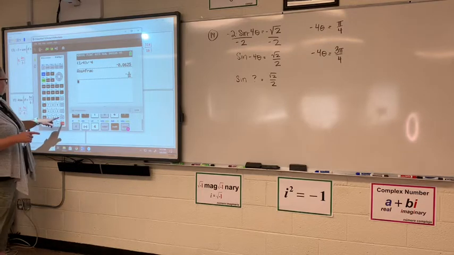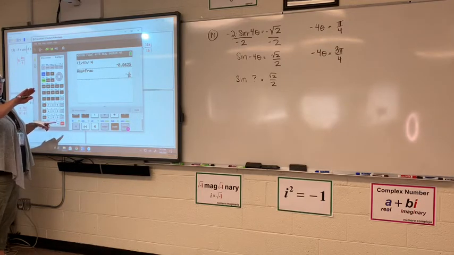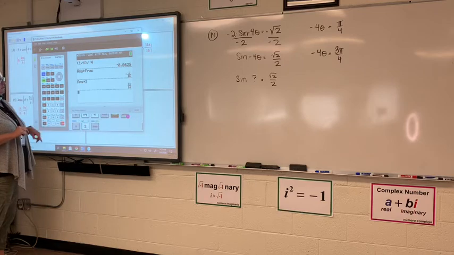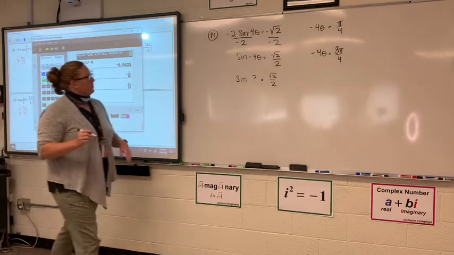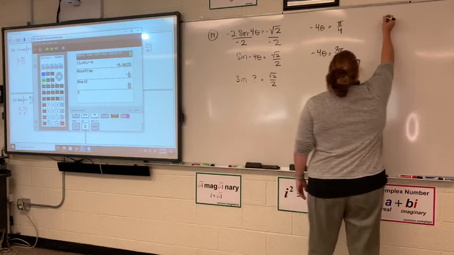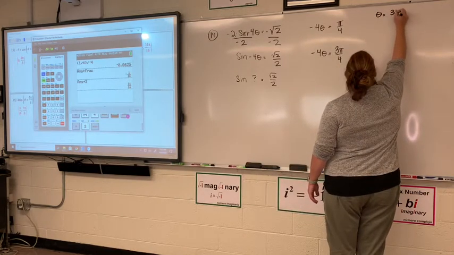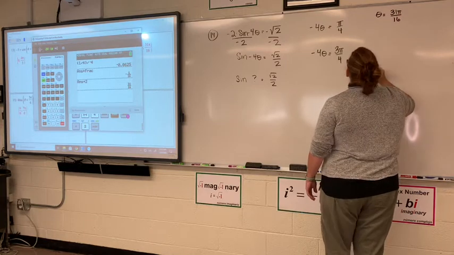Because if you add 2, you're going to go all the way around 360 degrees, or 2 pi, and end up at the same spot, positively. So that is 31 pi over 60. We get that from this one.